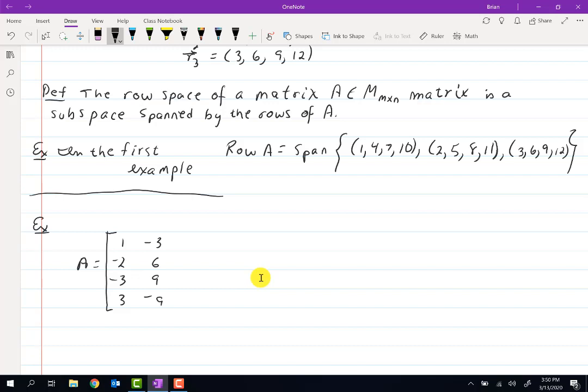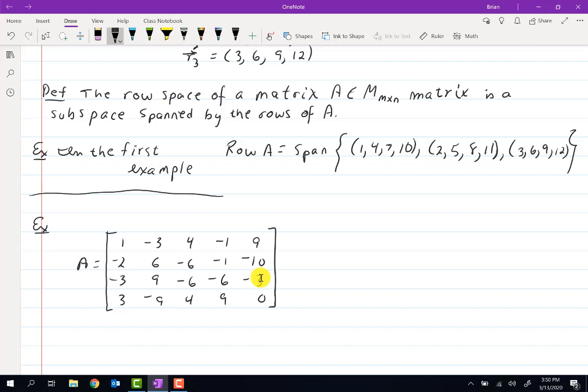I have 4, -6, -6, 4, -1, -1, -6, 9, 9, -10, -3, 0. And what I want to do is figure out the row space of this thing, or better yet, find a basis for the row space of this thing.